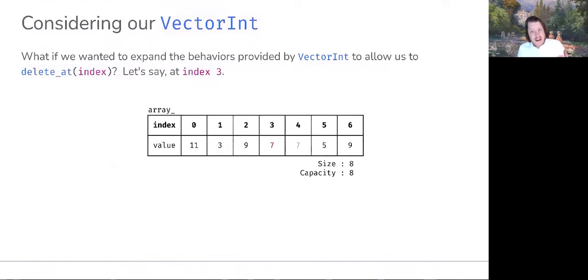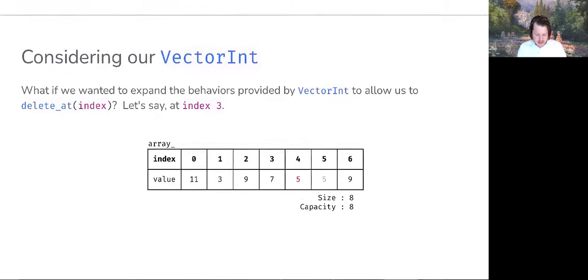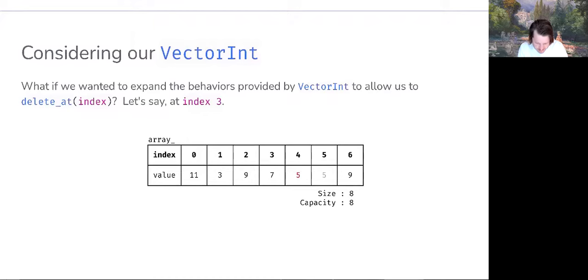This will effectively create an open position at slot number 4 or index number 4. We'll go ahead and copy that residing at index of 5 into it. We'll continue this process. Okay, we have a slot open now at array of 5. We'll go ahead and copy that at array of 6 into it.